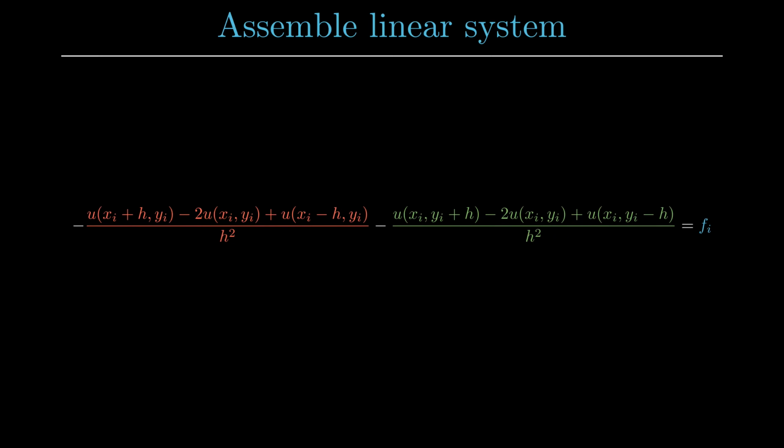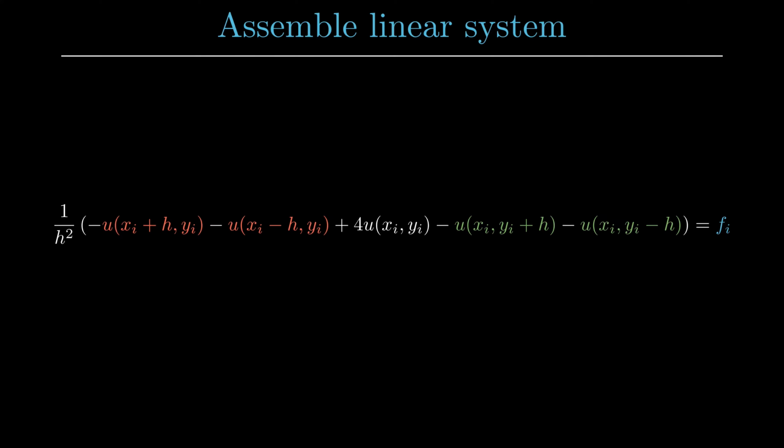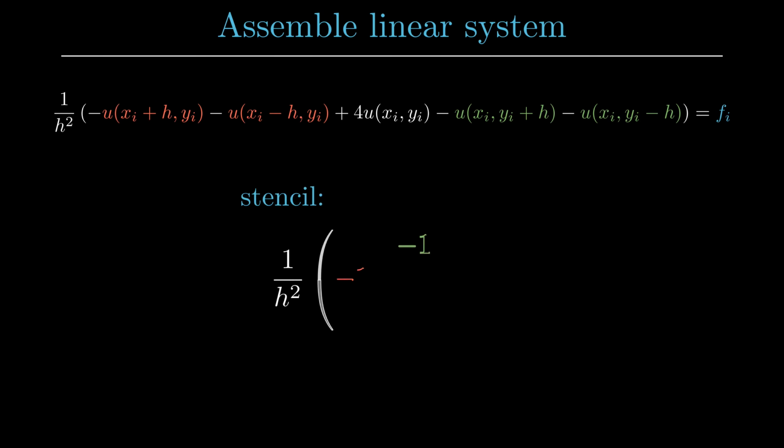This can be simplified to 1 over h squared times minus u of xi plus h, yi, minus u of xi minus h, yi, plus 4 times u of xi, yi, minus u of xi, yi plus h, minus u of xi, yi minus h, which equals fi. This difference quotient is known as the 5-point stencil and can be represented by this matrix.